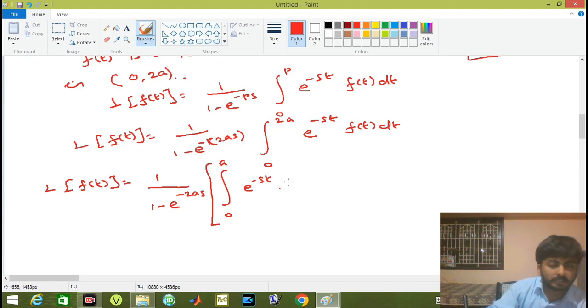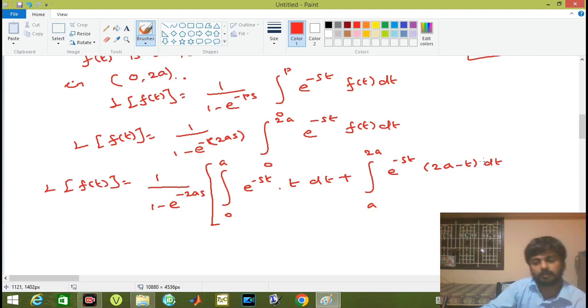F of t is t, into dt, then plus integral a to 2a, e power of minus st. What is f of t? F of t is 2a minus t into dt.